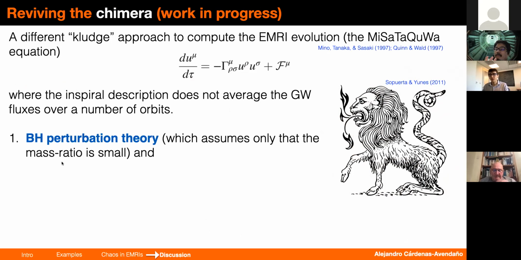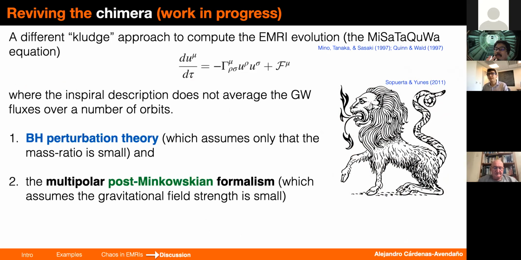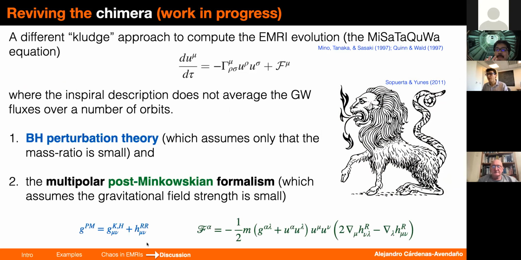One is we're still doing black hole perturbation theory, but now we will not average those fluxes. We will get those fluxes from a multipolar post-Minkowskian formalism. And what it's saying is, now you are going to say that your EMRI is moving in a Kerr plus a perturbation. And that perturbation, that regular metric, is a function of certain time-asymmetric scalars and potentials.